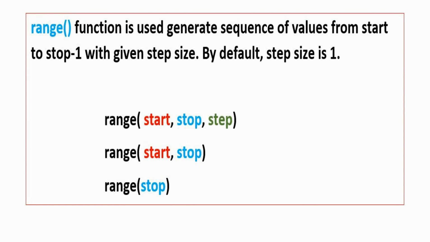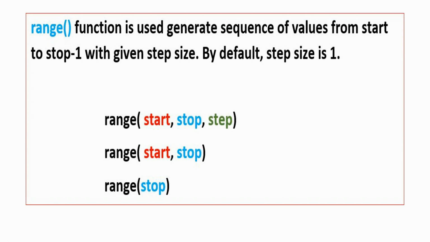So let us see. Here the range function can be written in 3 ways. This is the first way, second way and third way. Here start, stop, step, these are the values which you are passing to the function. Start means the starting number, from which number you want to start, that you have to specify. Stop, at which number you have to stop.